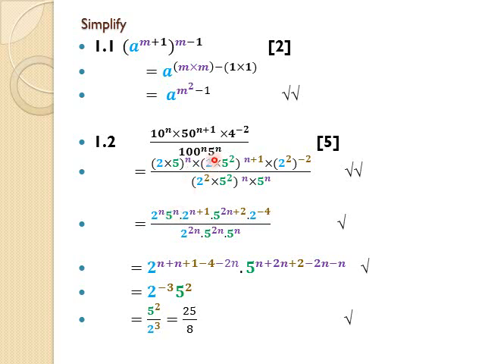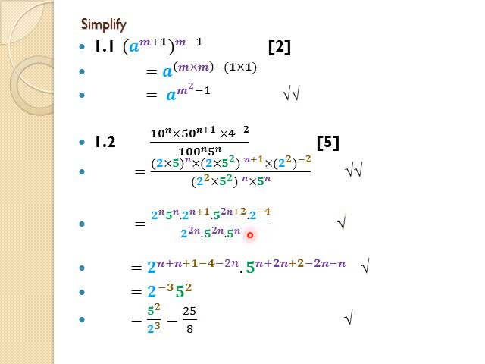Here again, 2 to the power 1 times n gives me n. 1 times positive 1 gives me positive 1. 5 to the power 2, 2 times n gives me 2n. 2 times 1 gives me positive 2. There, 2 times negative 2 would give me negative 4. There, base 2, power 2, 2 times n gives me 2n. 5 base 2, 2 times n gives me 2n, and that simply stays 5 to the n. So 1 mark for correctly multiplying out my exponents.